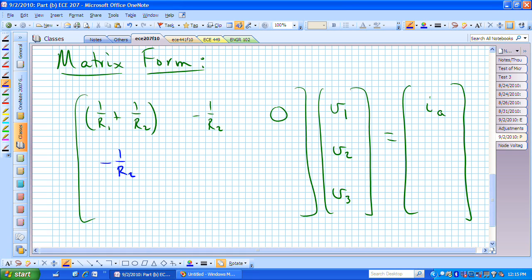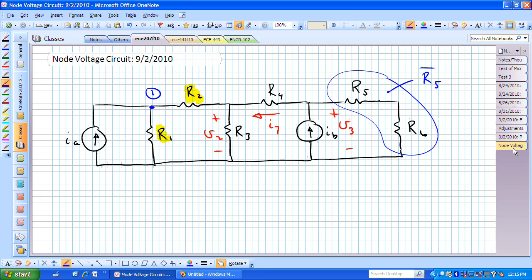Node 2 was touched by R2, it was touched by R sub 3, and it was touched by R sub 4. And if you look at this, this touched node 2, this touched node 2, and this touched node 2. We have node 2 right here.